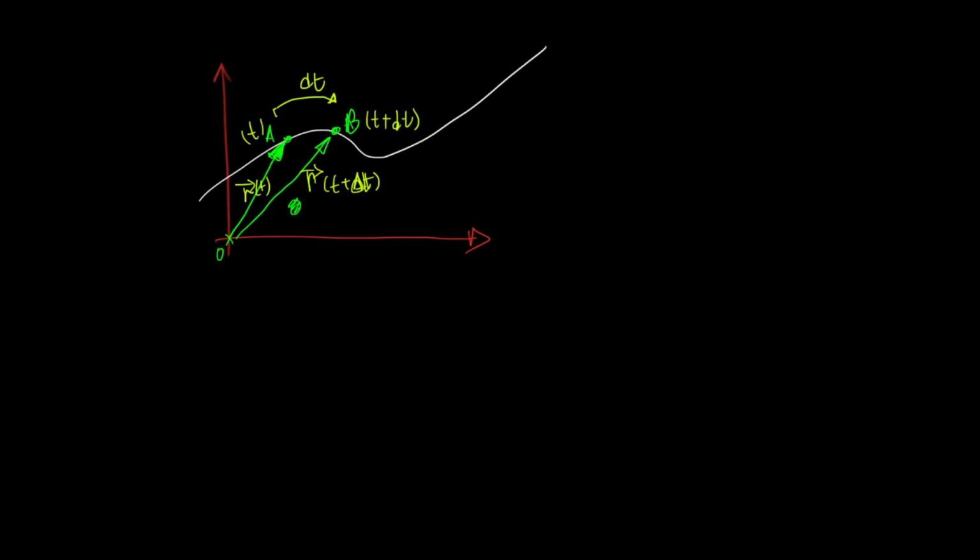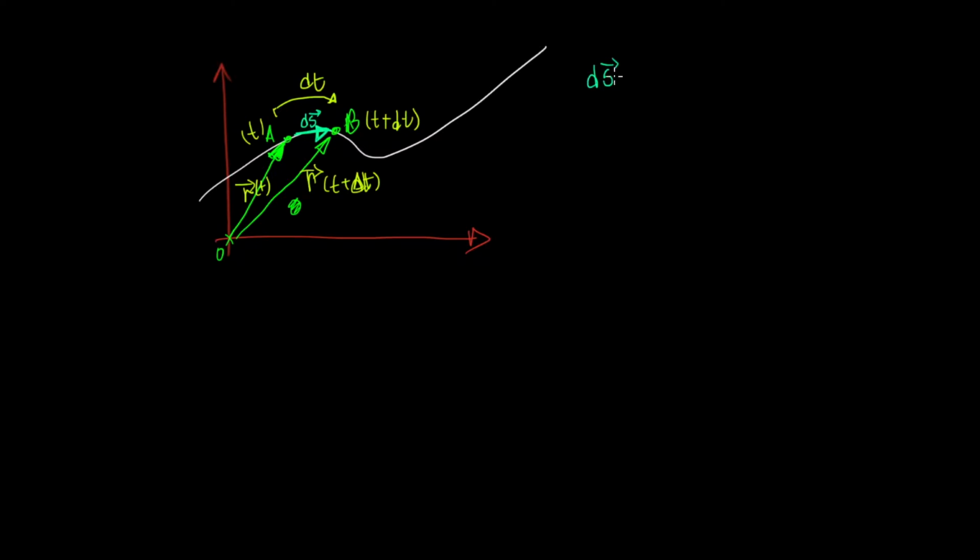Remember, dt is really small. So our displacement vector, which is a very small quantity because these two vectors are very close to one another, points along the approximate direction of motion in that time interval. And instead of representing it as d prime as we did in the previous diagram, let's call this ds vector.